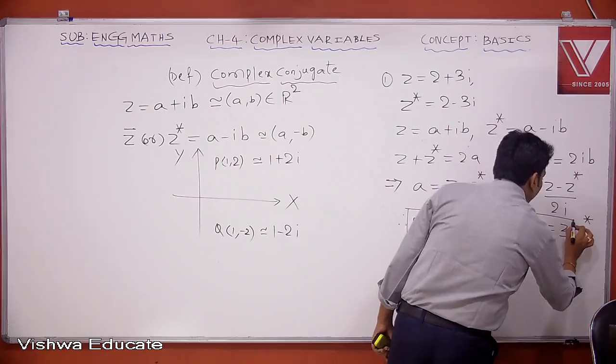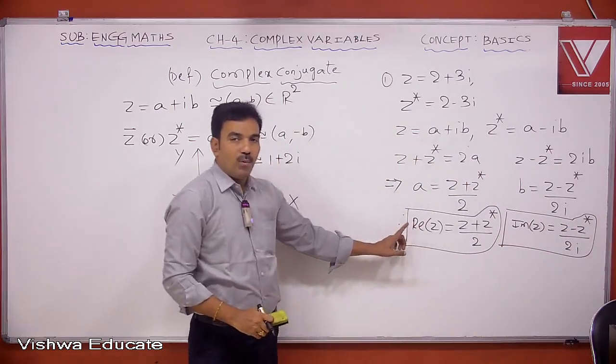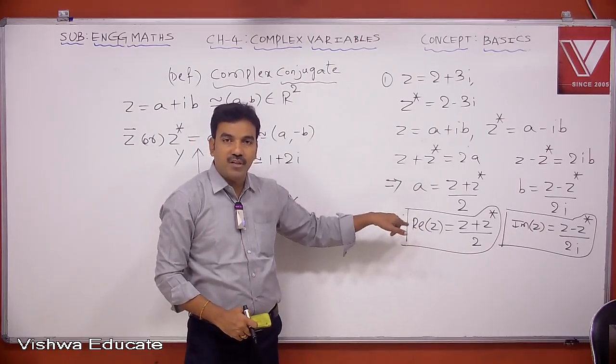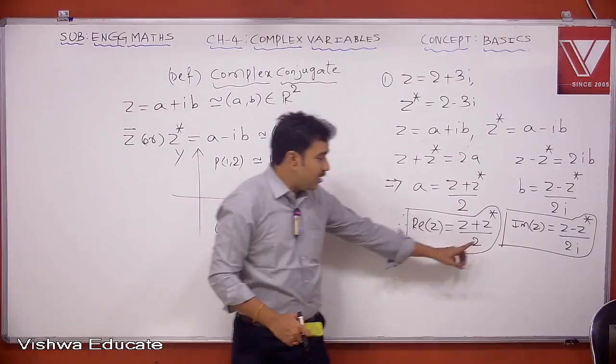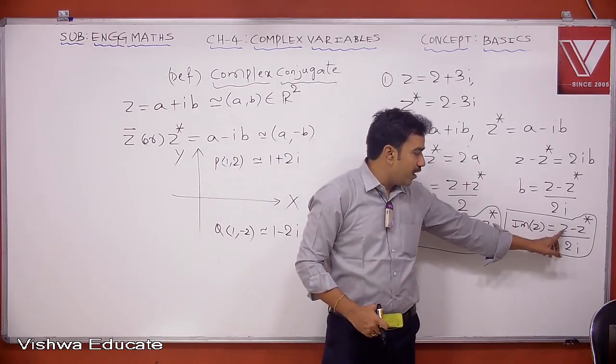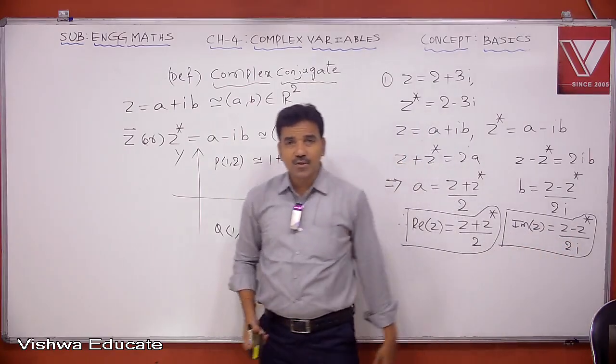So this is one useful result. Both are very important points. We have expressed the real part of a complex number in terms of the complex number and its conjugate. Similarly, we have expressed the imaginary part of a complex number z in terms of the complex number and its complex conjugate. Okay. So note these points.